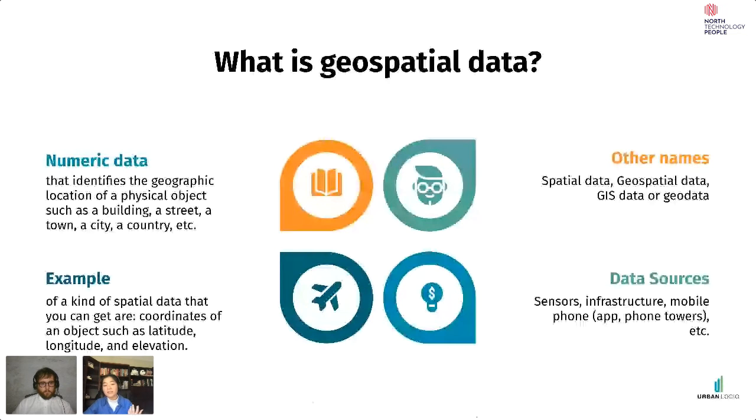Another data source is, for example, infrastructure. When the government puts out the planning for the cities, they have to have geospatial data of all those buildings. There's another really big source of geospatial data, which is mobile phones.